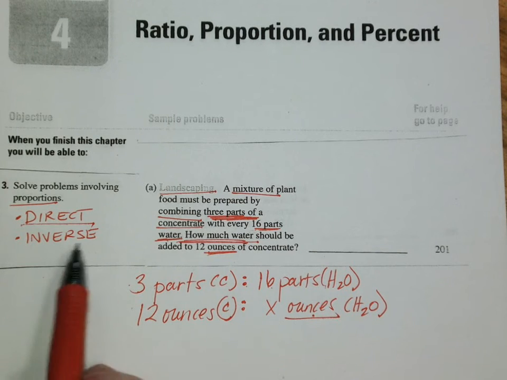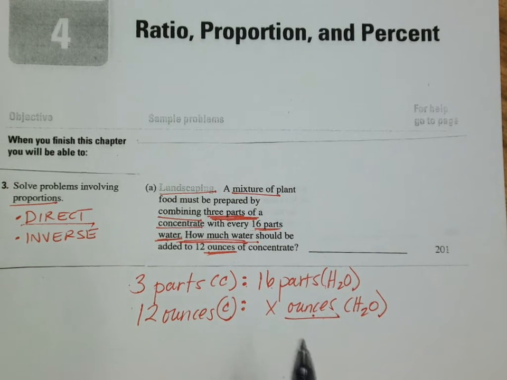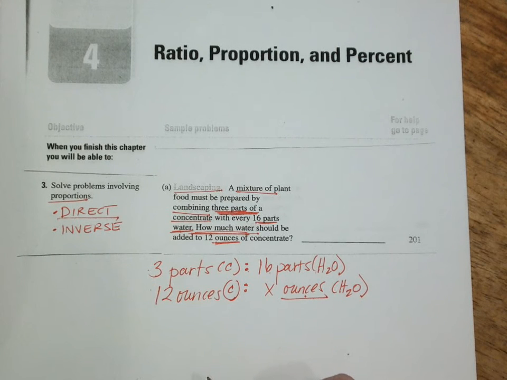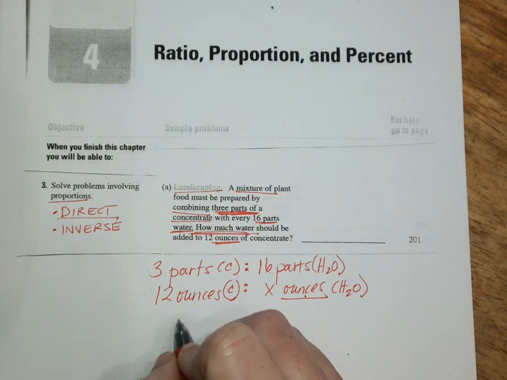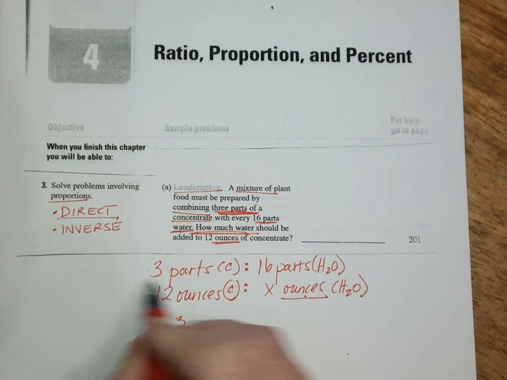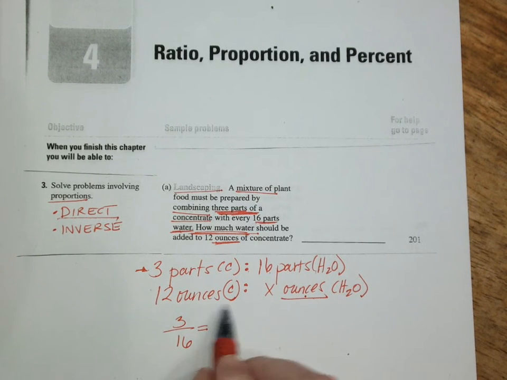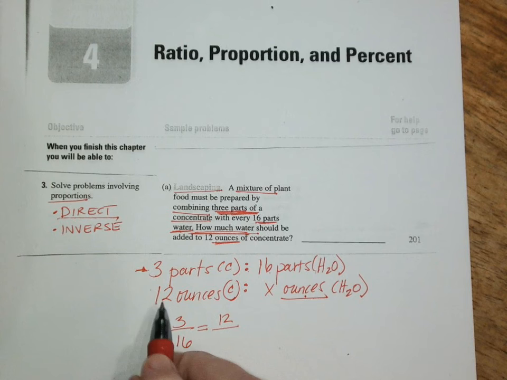And remember, we dropped the units when we're creating the proportion, when we're dealing with ratios, we drop these units. I just put them so that you could see the difference between the parts and the ounces. So this is our initial ratio, or proportion.